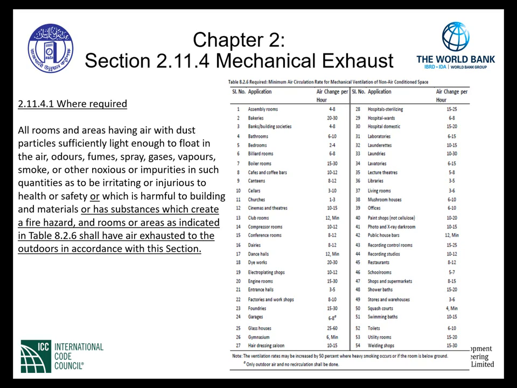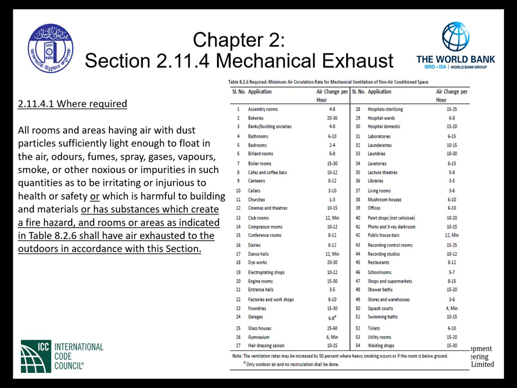To the right of that, the next column indicates the air changes per hour. The minimum amount of circulation rate for ventilation is to be determined based on the occupant load, space, area, and use of the building in accordance with this table.